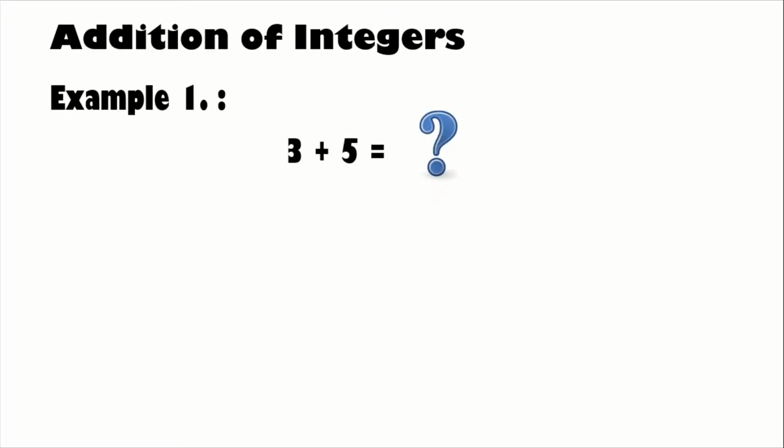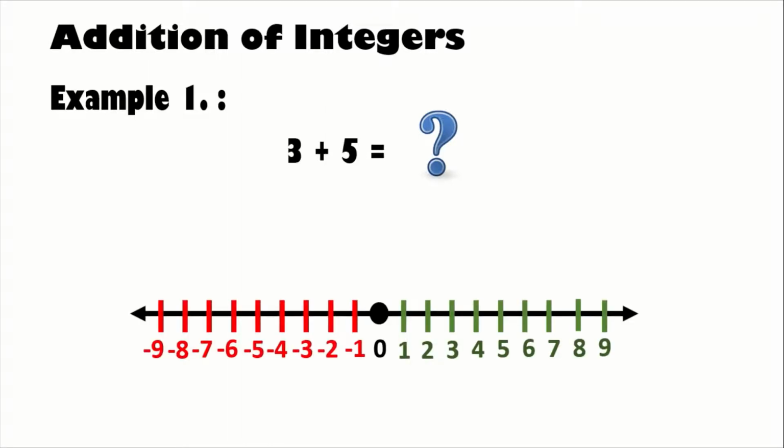3 plus 5 equals. We will be using a number line in this example. Positive 3 will be located at the right side of the number line because it is a positive number. When we add positive plus positive, we will be moving from left to right.